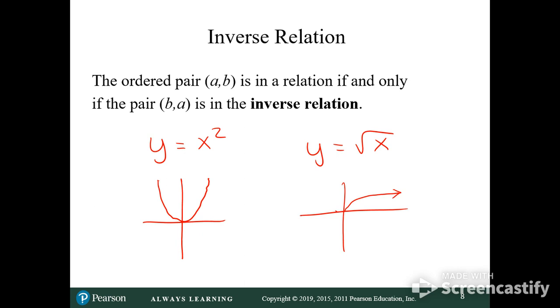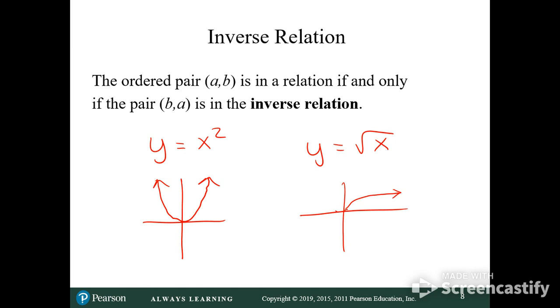Now, here's the tricky part. The domains are really important for this, because here we have two lines, one going this way, one going this way. Here we only have one.